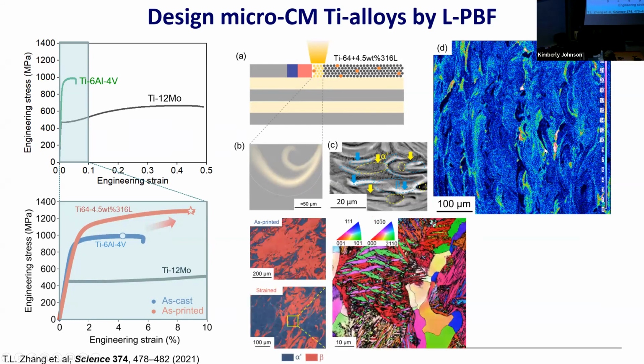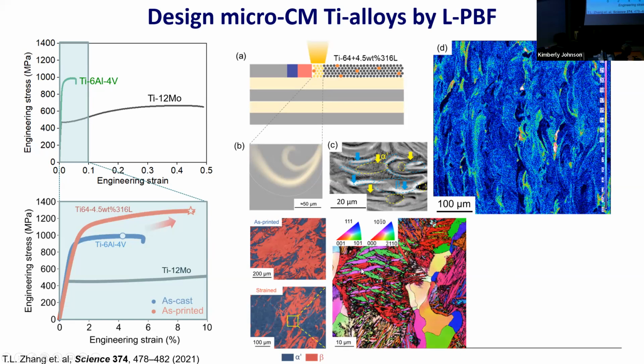And then if you look at the deformation behavior, you have a dual phase: the red one is the metastable beta, and the green ones are the martensite. When you apply a load, after strain you see this beta can transform into martensite.